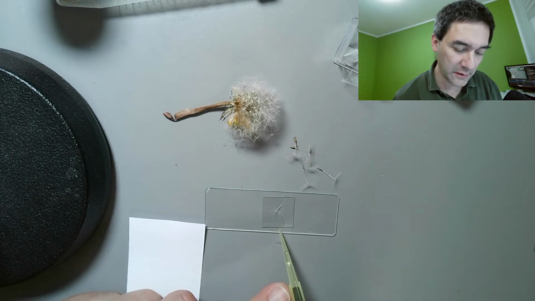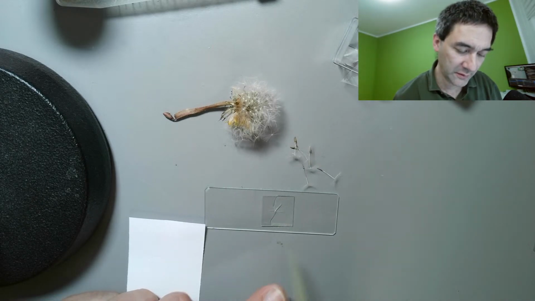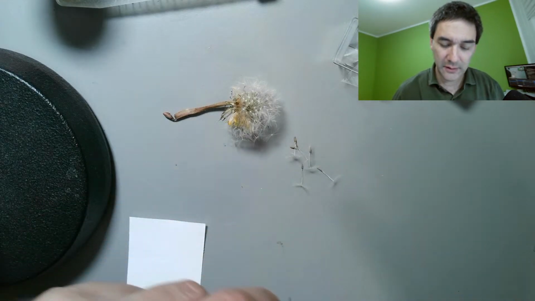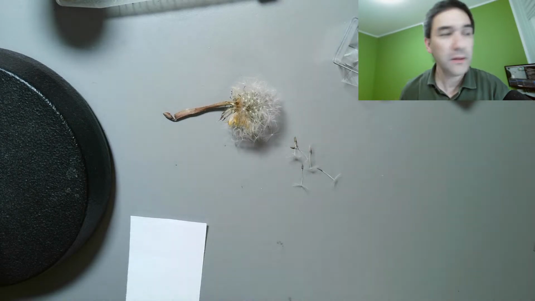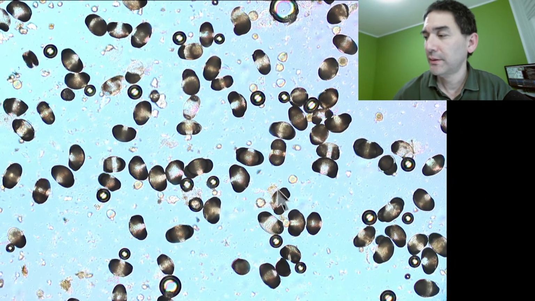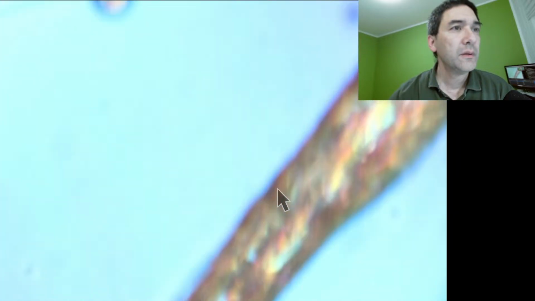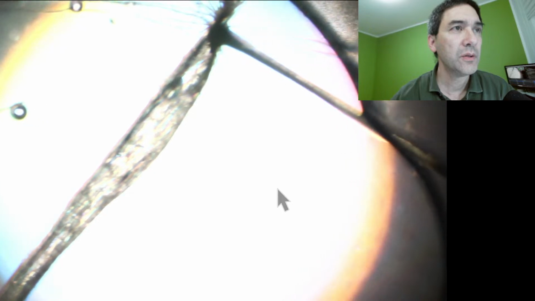And I would like to add a little more water here on the side. Okay, let's have a look. So, let's go down with the magnification, and I see it does not fill the full field of view.